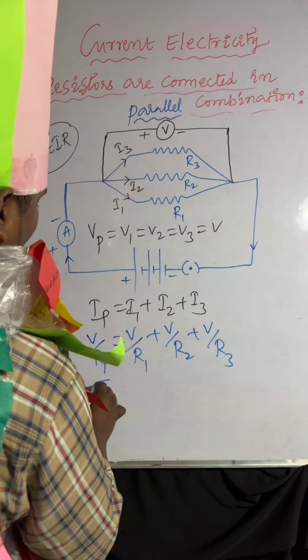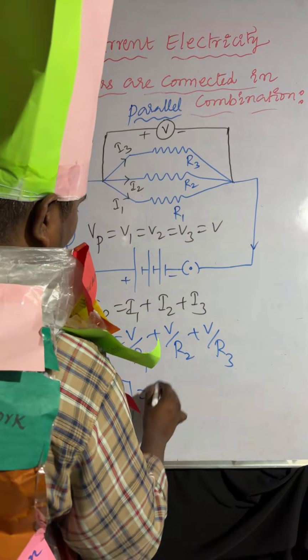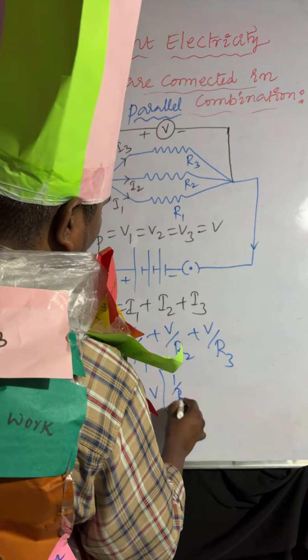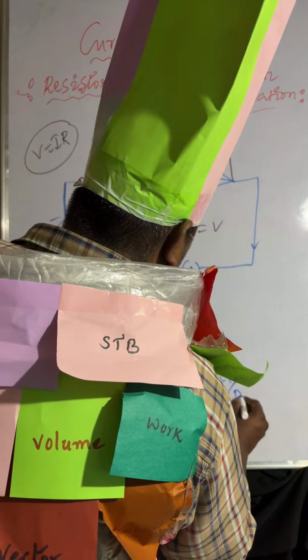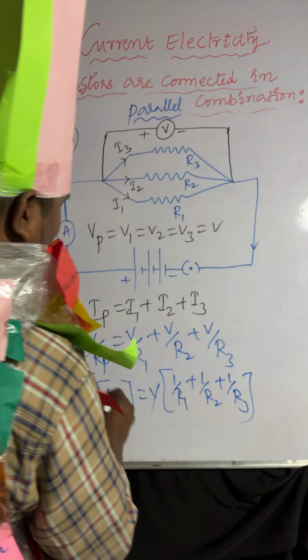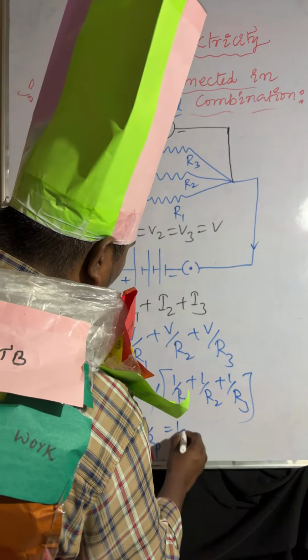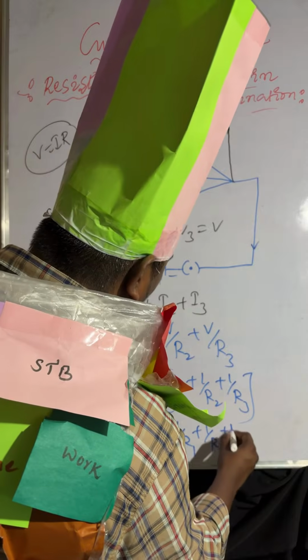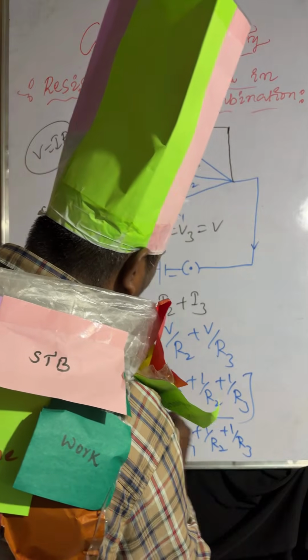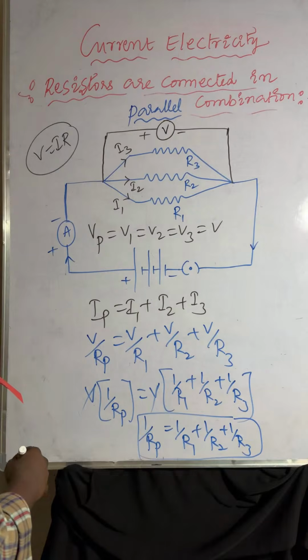Now I am taking V common. 1 by Rp equal to V times 1 by R1 plus 1 by R2 plus 1 by R3. So V gets cancelled, and 1 by Rp equal to 1 by R1 plus 1 by R2 plus 1 by R3. This is about resistors connected in parallel combination.